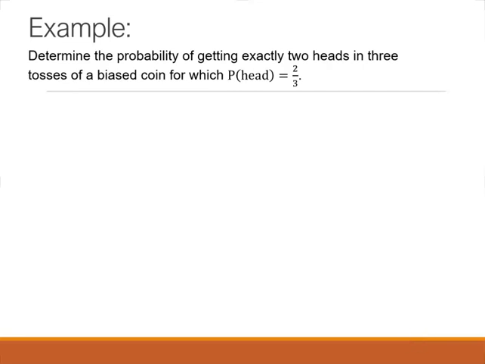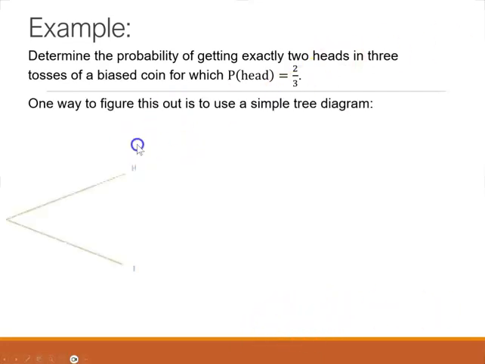Determine the probability of getting exactly 2 heads in 3 tosses from a biased coin where the probability of heads is 2/3. Back in the last chapter, to do a problem like this, we would have drawn a tree diagram. So just to review what we have been doing: we have 1 toss, heads or tails, with the probability attached to each.